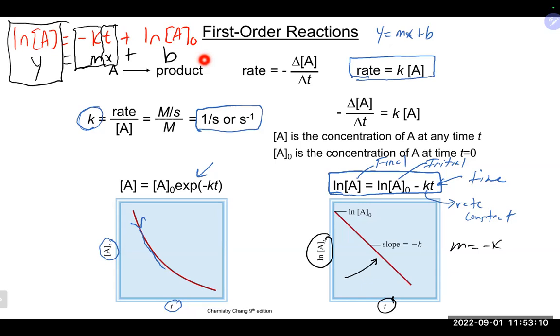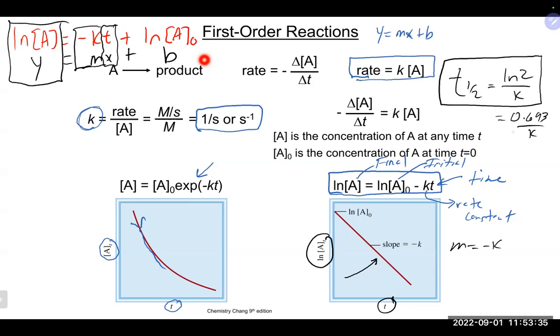So another important relationship here, which we'll see in a slide or two, but I'm going to write it here as well, is what is referred to as the half-life. And the half-life of a first order reaction is equal to the natural log of 2 divided by the rate constant. And you sometimes will see it written 0.693 over k.